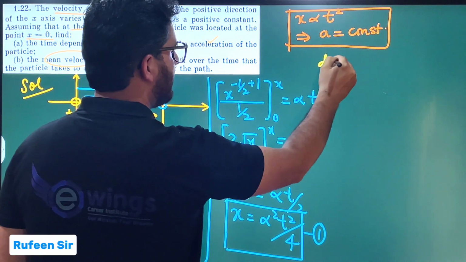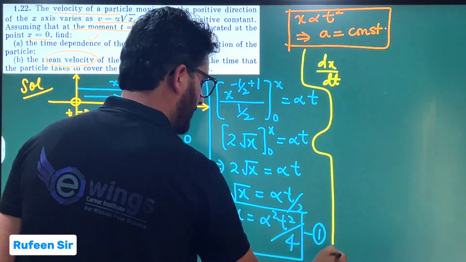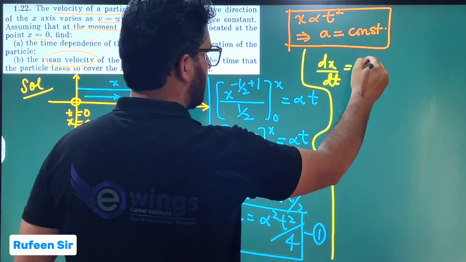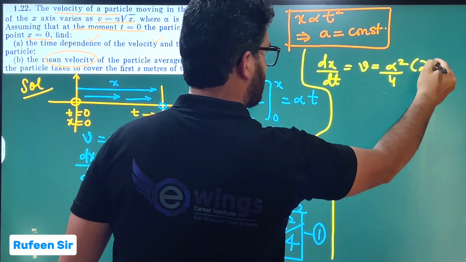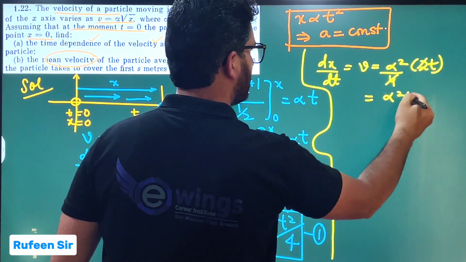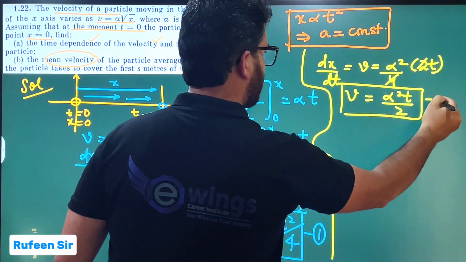Differentiate dx by dt. You can differentiate this x function of time with respect to time. We get velocity; alpha square by 4 is constant. It will be 2t, and this will become alpha square t by 2. So this is velocity as a function of time. I will call this the second equation.